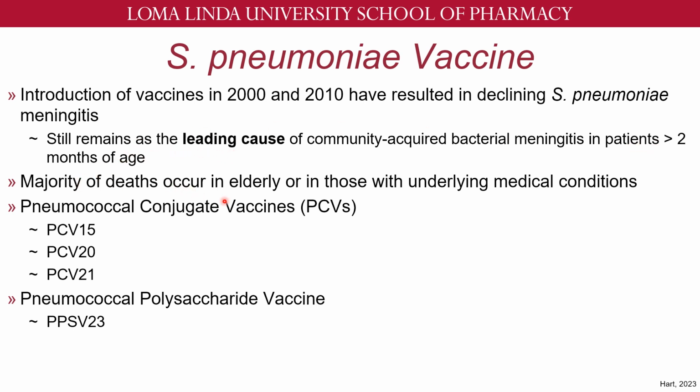A majority of deaths have been seen in our elderly patients or those with an underlying medical condition. The vaccines we have available for Streptococcus pneumoniae include our pneumococcal conjugate vaccines, or PCVs: PCV15, PCV20, and PCV21. We also have our pneumococcal polysaccharide vaccine, or PPSV23.